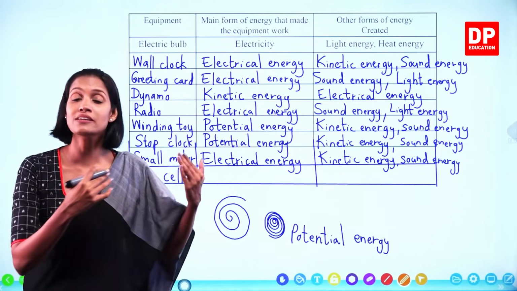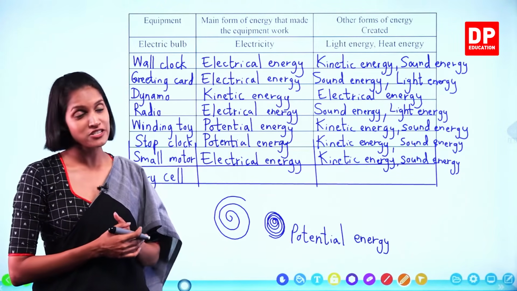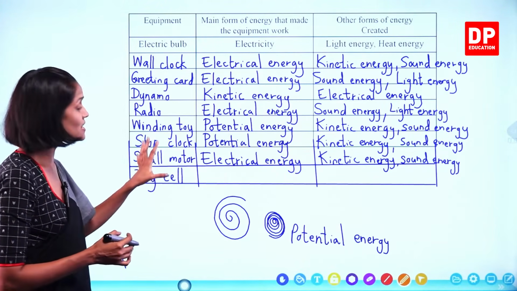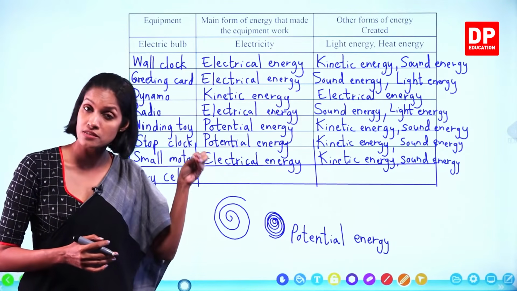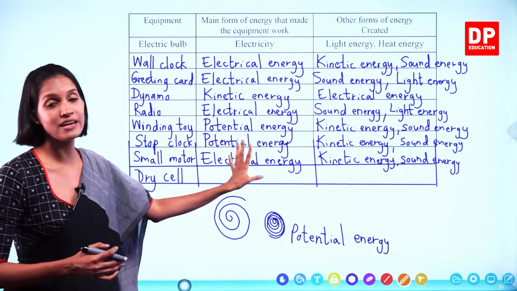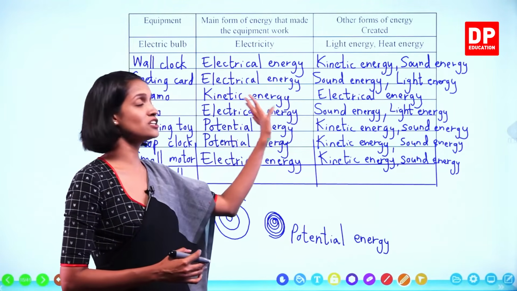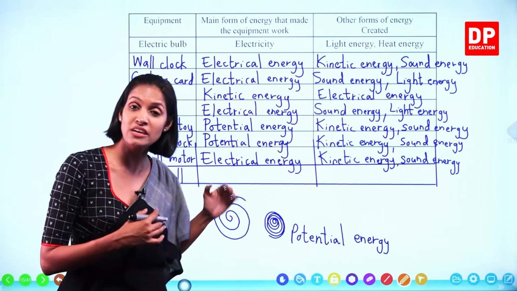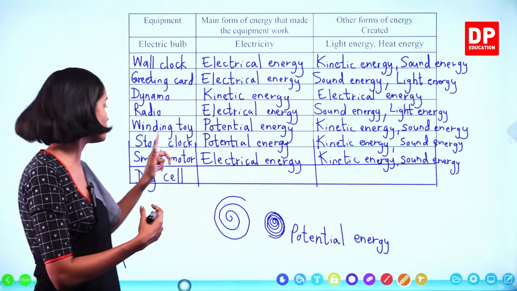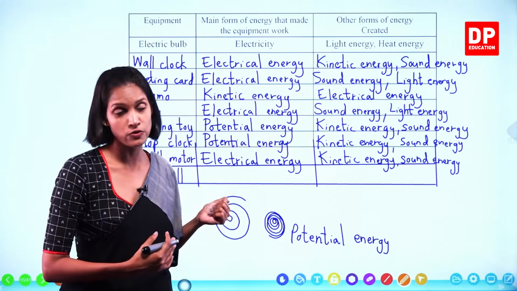Because of the chemical reactions, electricity is generated. Right, children? So in the dry cell, because chemical substances are stored inside, what is there? Chemical energy is present. Their chemical energy is converted to electrical energy. Because of the chemical energy, when we use the dry cell, electrical energy is produced, okay?